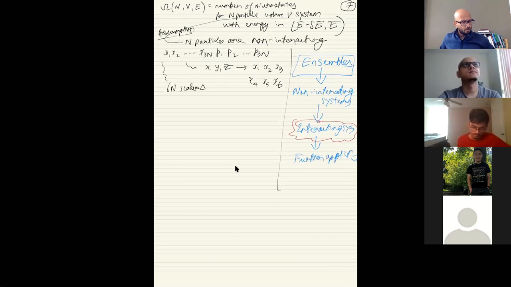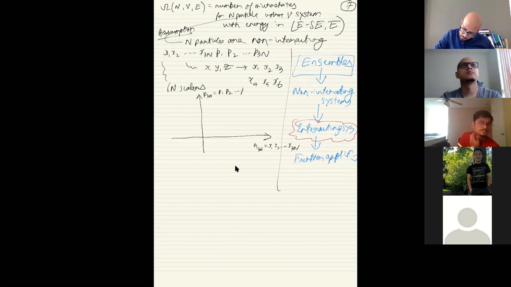And what we would like to do is to look at the space made up of these scalars. Our R3n is made up of x1, x2, up to x3n, and our P3n is made up of p1, p2, up to p3n. The number of microstates that are possible in this system is really the volume of this phase space.